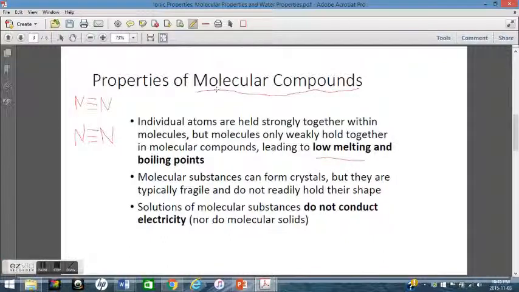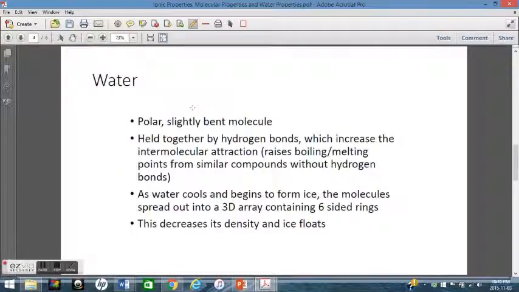Now, water is a molecular compound, but water is weird. Okay? It is itself a polar, slightly bent molecule. Now, water, remember, is H2O, which means there is one oxygen, and it's bonded to two hydrogens.